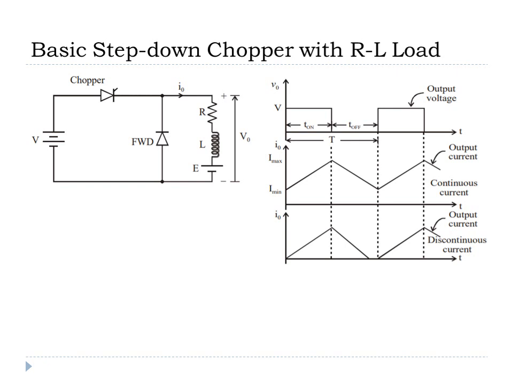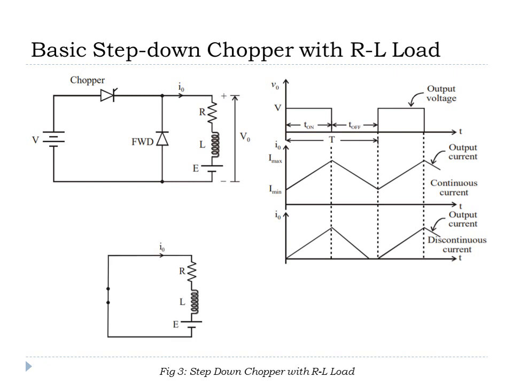In case of continuous current mode conduction, the current through the load rises from I minimum to maximum value, and during off time it falls from I maximum to I minimum value. In case of discontinuous current mode, this minimum value of current may reach 0 in between the on and off time. Whereas in continuous current mode, the consideration is given such that I minimum is always positive and never reaches 0.